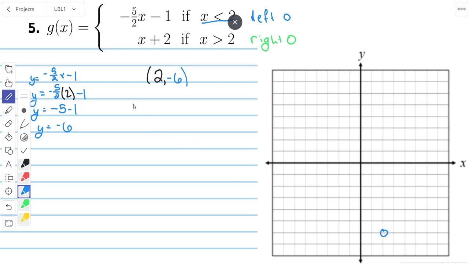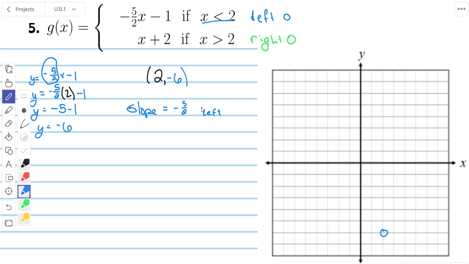Now, I need to find my slope of this line. Remember, slope is what's in front of your x. You have it in slope-intercept form. So what's in front of my x is negative 5/2. And since I need to go left, I know I need to go left 2.